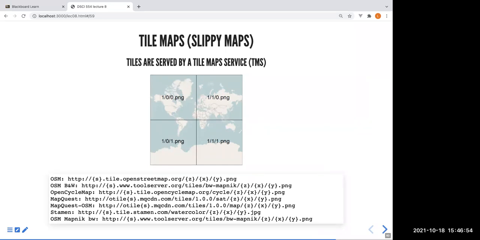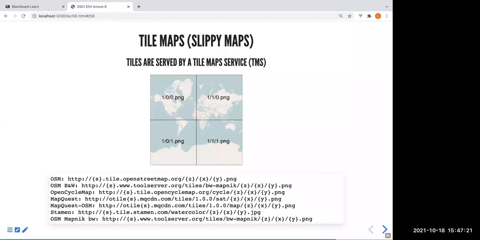And those are called tile map servers. The maps that come with it are called slippy maps because you can quickly move around in them. And the slippiness of it is created by the fact that they're mostly done with SVG. And so you don't need to download a lot of data.